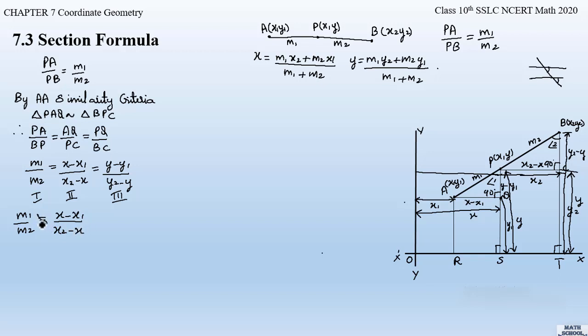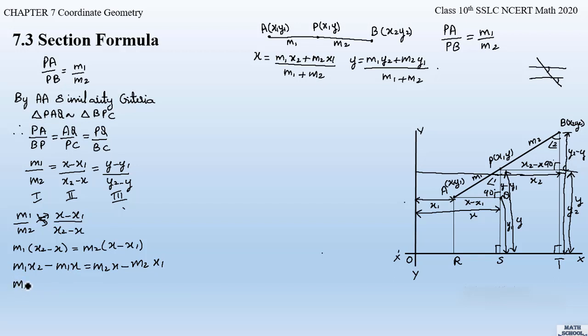So let us cross multiply here. So we will have m1 into x2 minus x is equal to m2 into x minus x1. So multiplying, m1 into x2 minus m1 into x is equal to m2 into x minus m2 into x1. So let us send this m1x to the right hand side and bring this m2x1 to the left hand side, right?